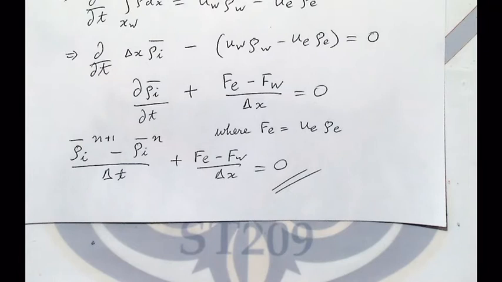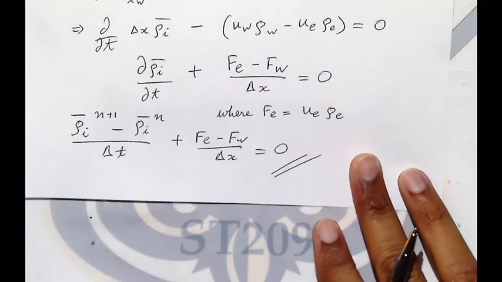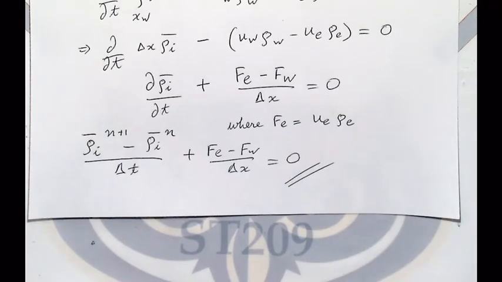You're done. So this is what you have to solve for it to be a finite volume scheme. The fluxes are computed at the cell faces. The cell averages are stored at the cell center. Okay?